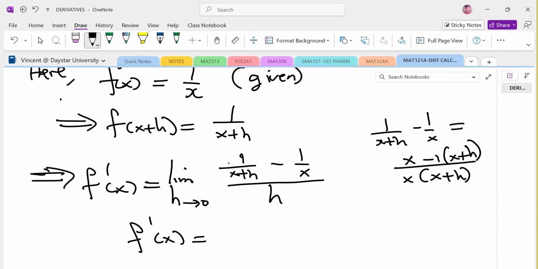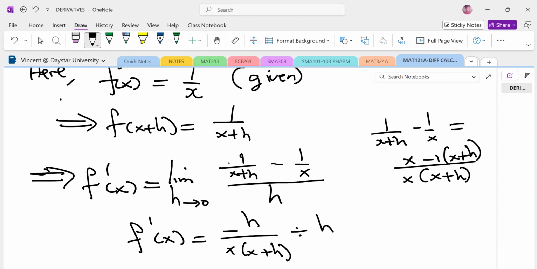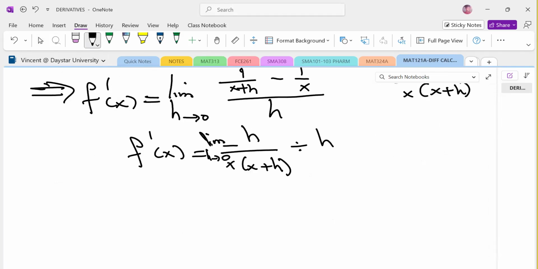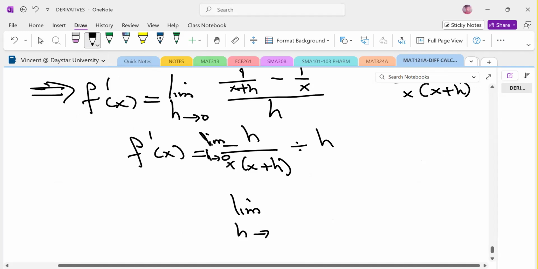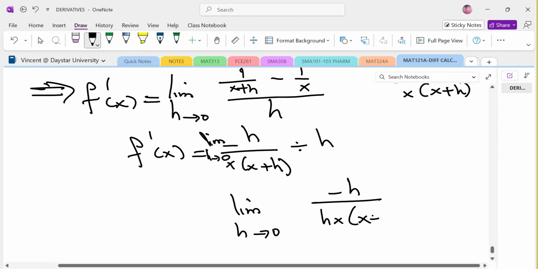So we'll have negative h over x into x plus h, divided by h. So this is the limit as h approaches 0 of this expression here, which will be the limit as h approaches 0 of negative h over h times x plus h.